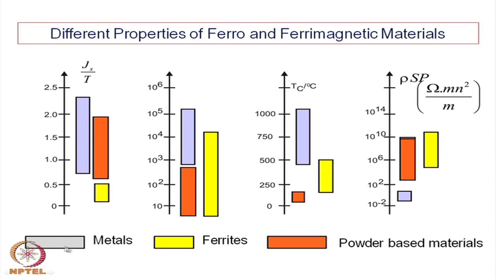There are three groups. One is the metals, the blue ones, these are ferrites, the yellow ones, and the orange ones are powder based material.